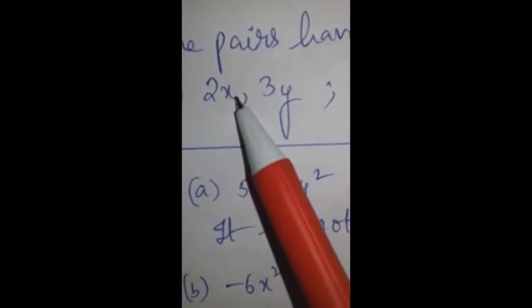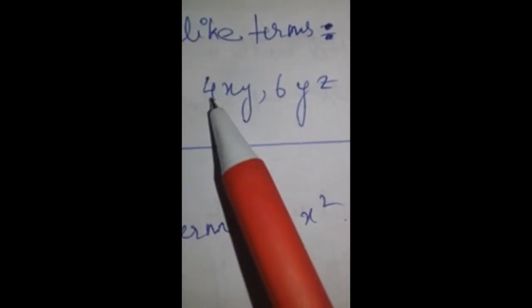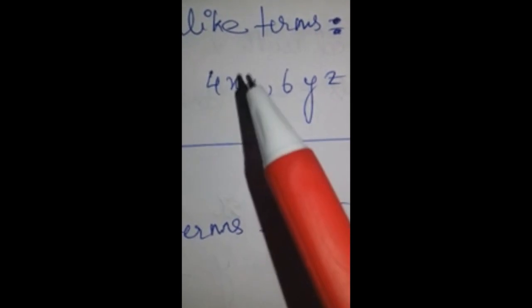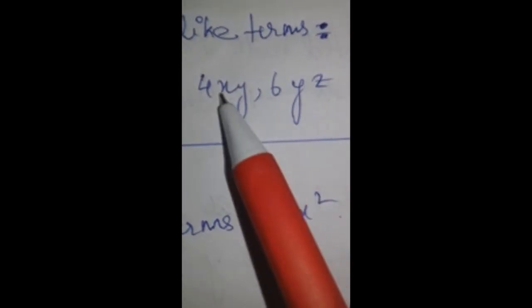So the unlike terms are 2x and 3y. And number D, you have 4xy and 6yz. You can clearly see that you have xy in the first term and yz in the second term. So these are unlike terms.